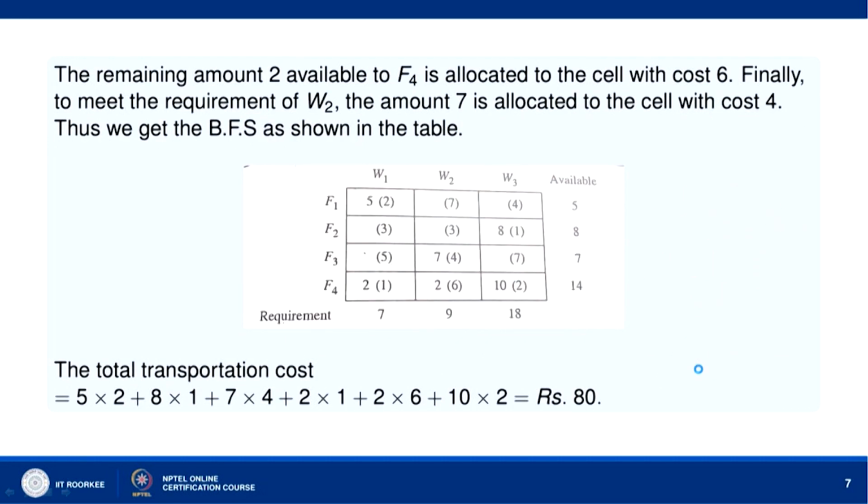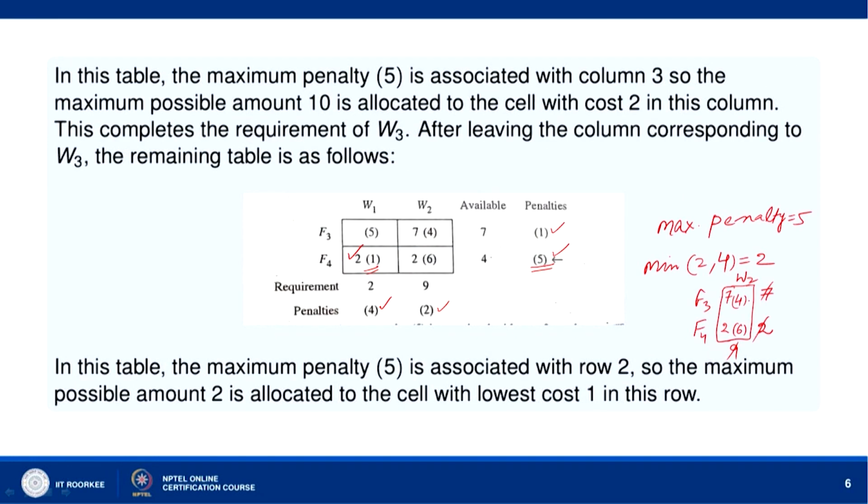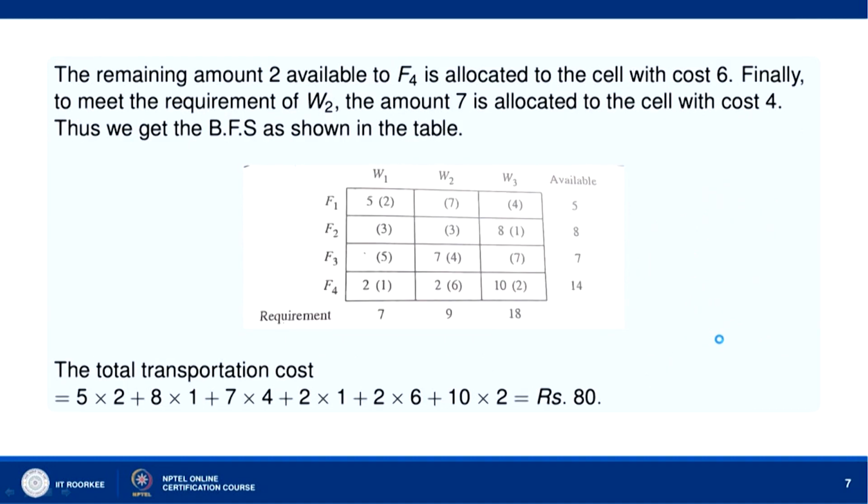So, we had only 7 units available with F3 which we have given to W2 where the cost is 4, and we have given 2 units to W2 where the cost is 2. So, ultimately we have this table.